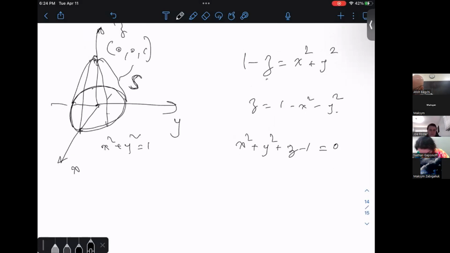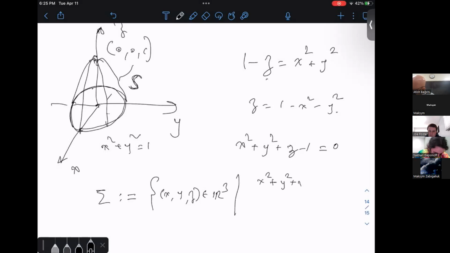Sigma is defined to be the set of x, y, z in R3 such that x squared plus y squared plus z minus 1 is less than or equal to 0, and z is bigger than or equal to 0.